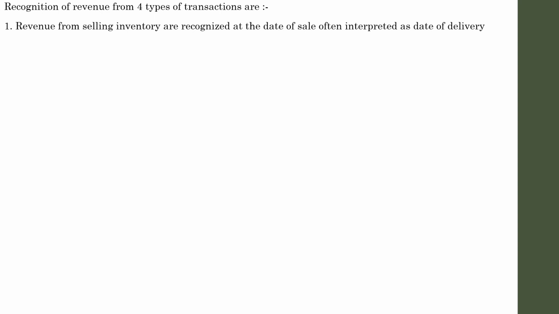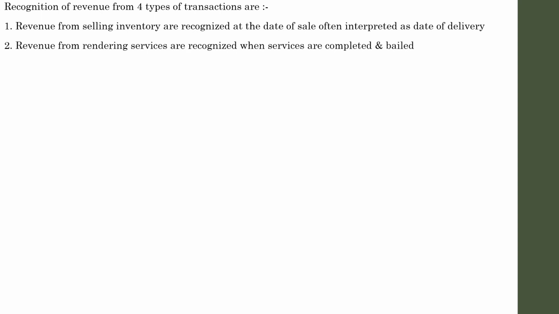Inventory may be stock, goods, work in progress or finished goods, whatever it may be. Whenever there is a sale of inventory, the revenue is recognized at that date, often interpreted as the date of delivery. That is the first one to be considered while identifying a transaction. So the date of delivery of goods from the seller to the buyer has to be identified, and that date is known as the date of delivery.